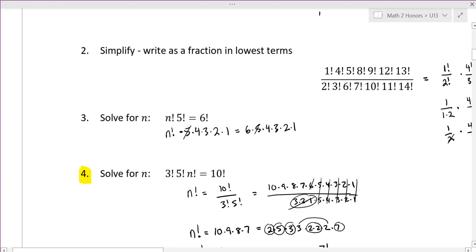Divide both sides by 5 and 4 and 3 and 2 and 1, and we're left with n factorial equals 6. Now if you break up 6, you get 3 times 2 times 1, and that's the same thing as 3 factorial. So we have n factorial equals 3 factorial. That means that n is 3.